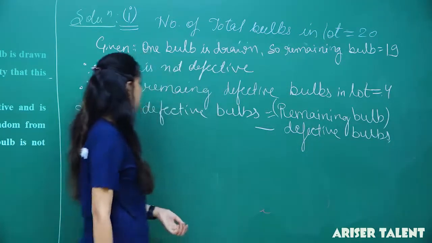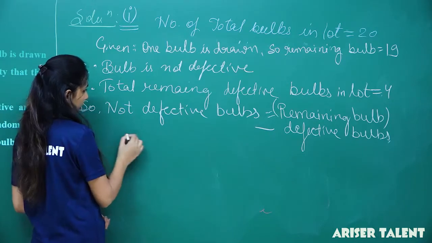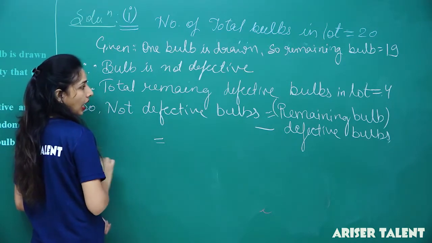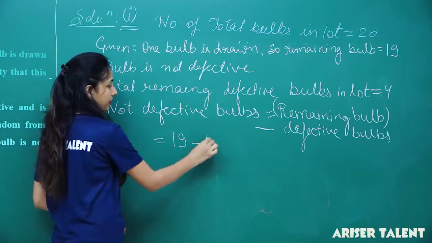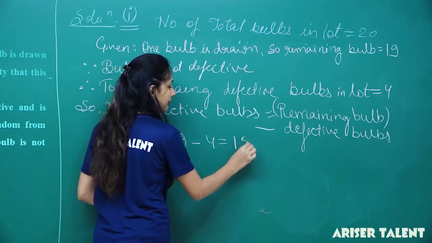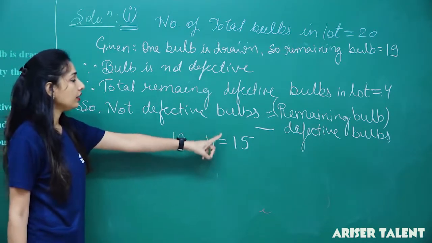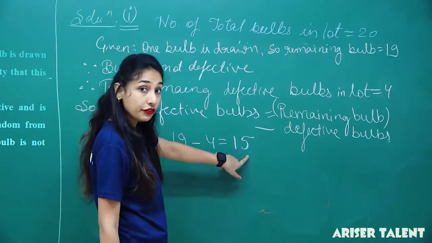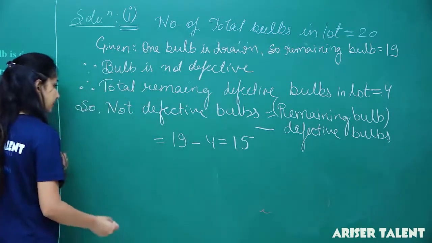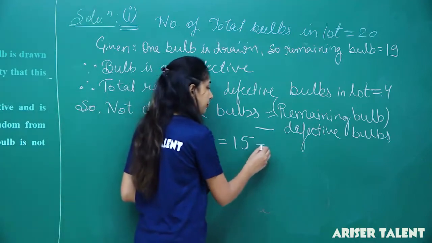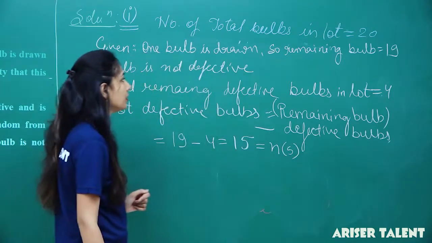So if that's so, then remaining bulbs are 19, defective ones are 4, so that will be 15, isn't it? So not defective bulbs are 15. 15 bulbs are non-defective. And that will also be your NB in this case, right?